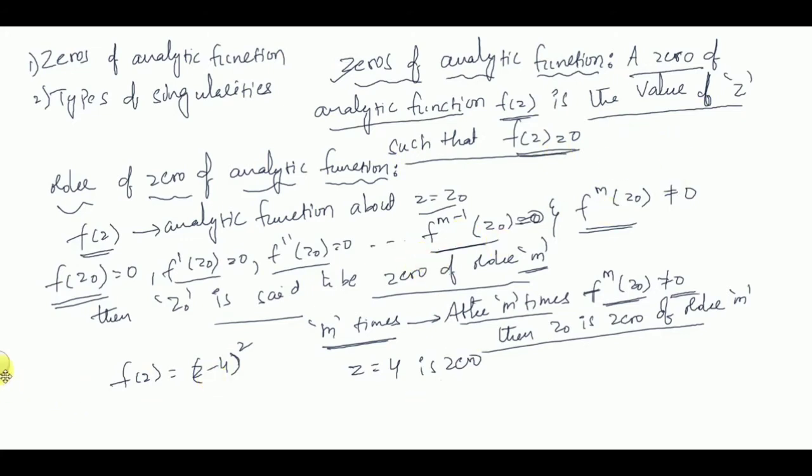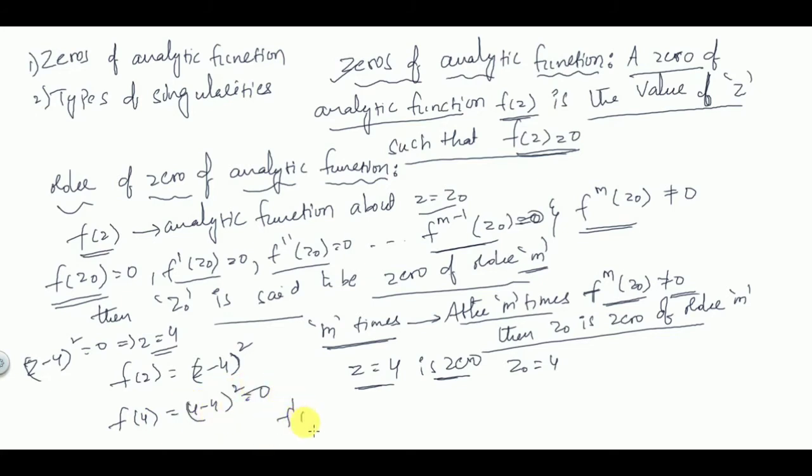So when you make f of z equal to 0, that is z minus 4 whole square is equal to 0, you'll get z is equal to 4 only. That means here z0 value is 4. If you substitute f of 4, what you'll get? 4 minus 4 whole square, which is equal to 0.